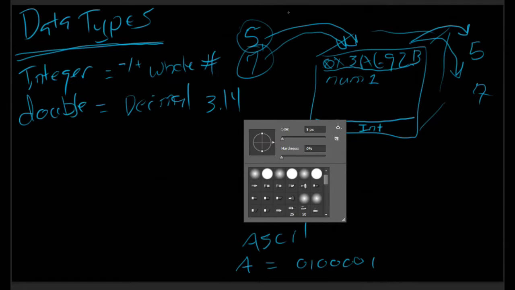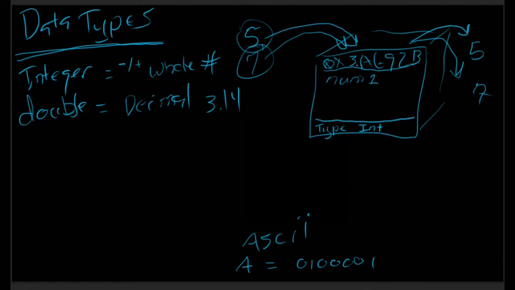I cannot put 3.14 inside this box because this box only holds whole numbers, positive or negative. I can put in a -5 and get out a -5, but I can't put in a decimal because that is a different data type. I can't put a double into an integer.